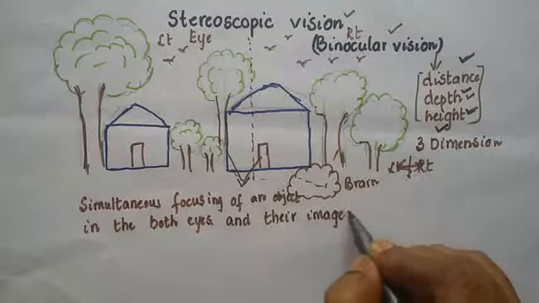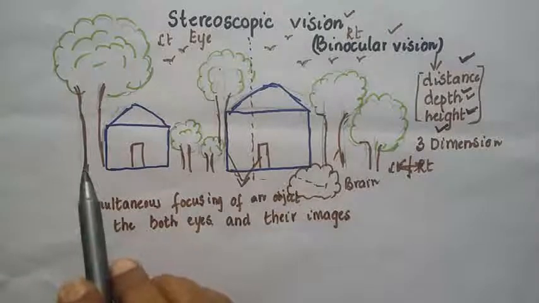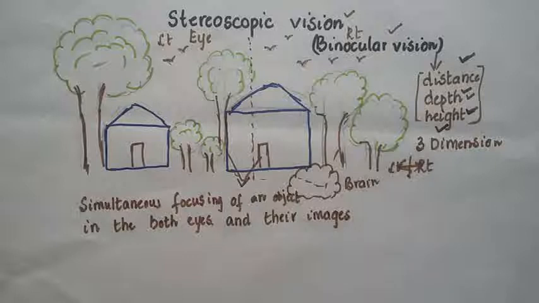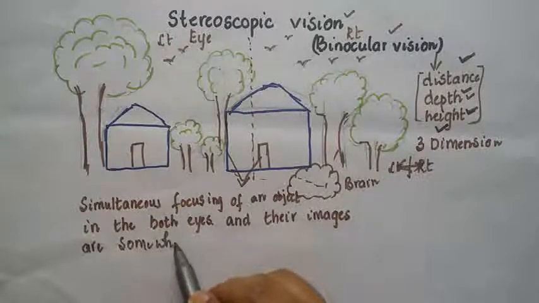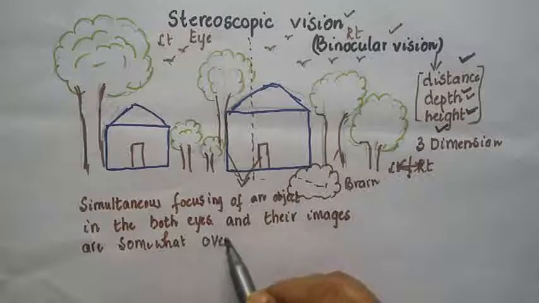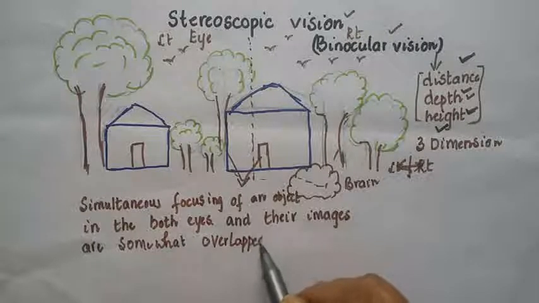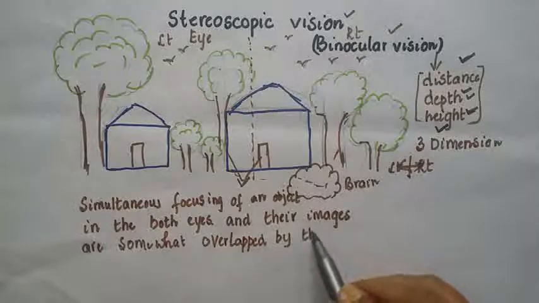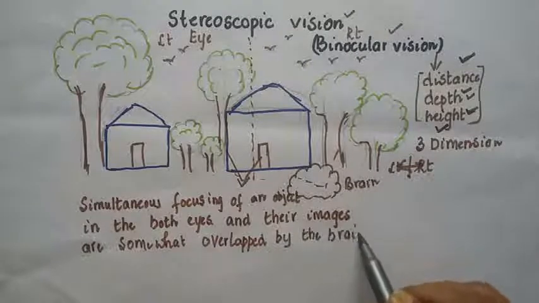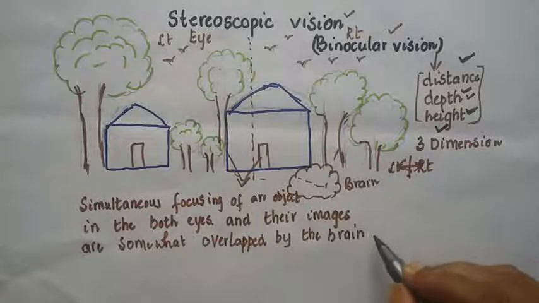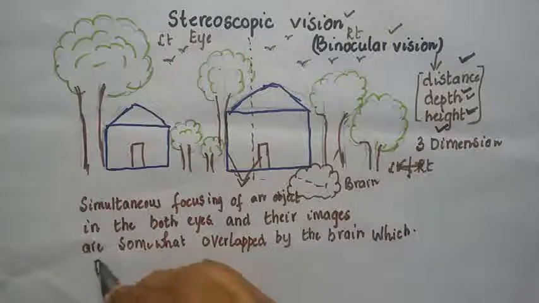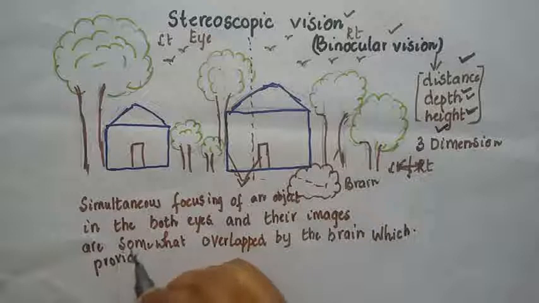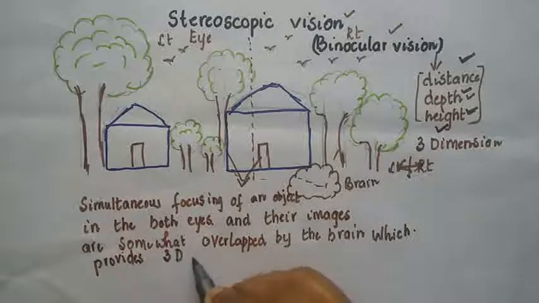So what is the meaning of their images? The images which are on the left side and the images which are on the right side of the eye are somewhat overlapped by the brain. Overlapped by the brain, which provides us the 3-dimension effect.